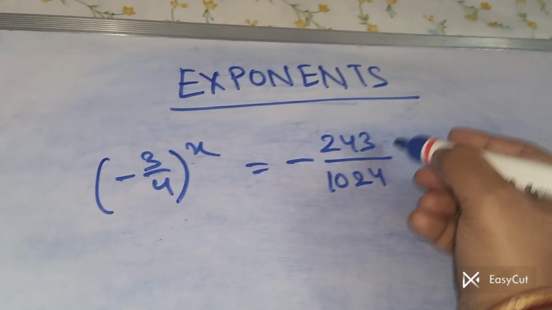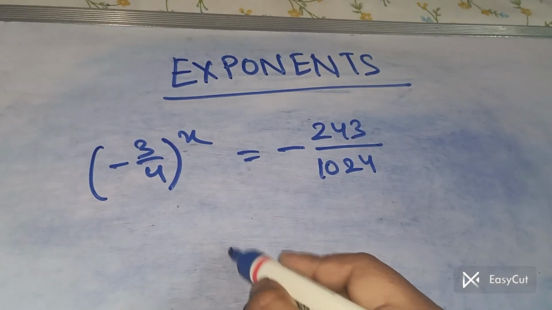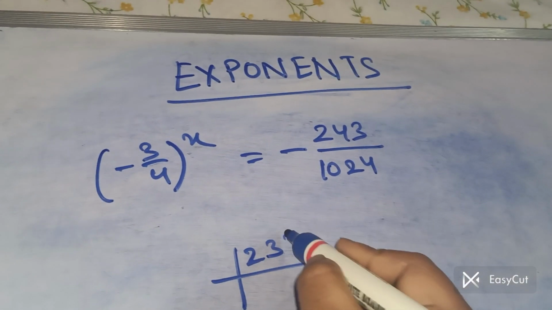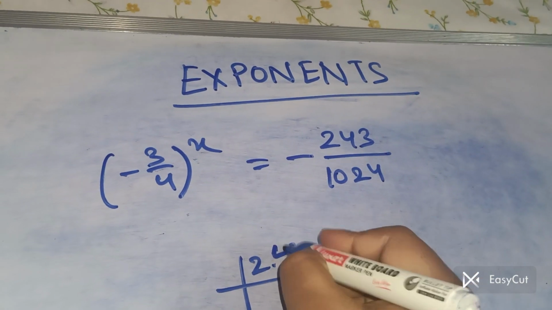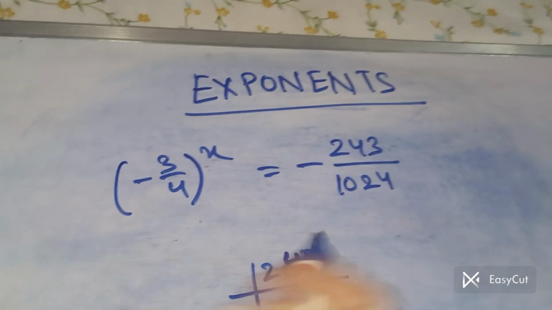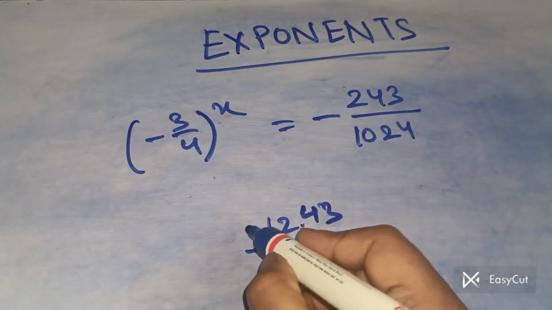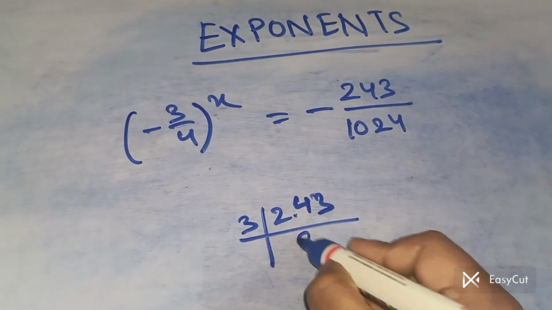If we have to factorize this, like 243, we have to factorize it. 243, let us divide it by 3.